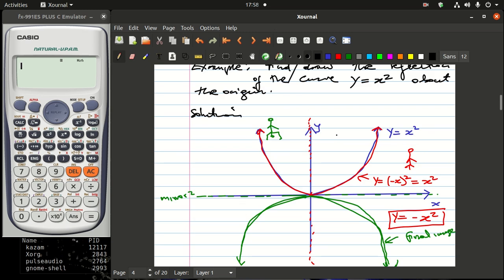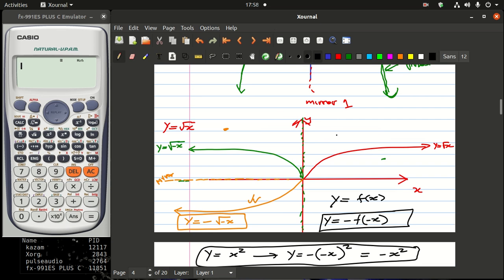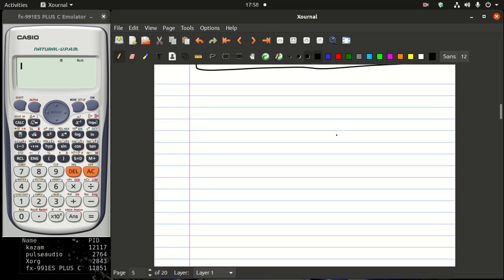Now, we talked about the reflection about the origin. Now, it's time for us to talk about the very important topic of the day, which is the reflection across the line y is equal to x.